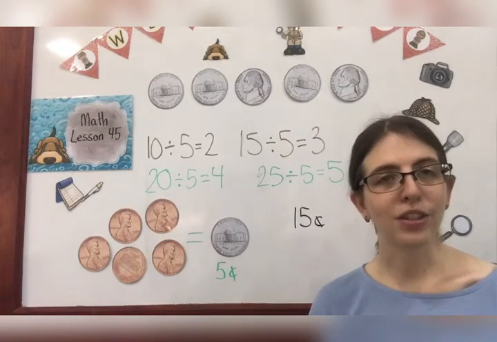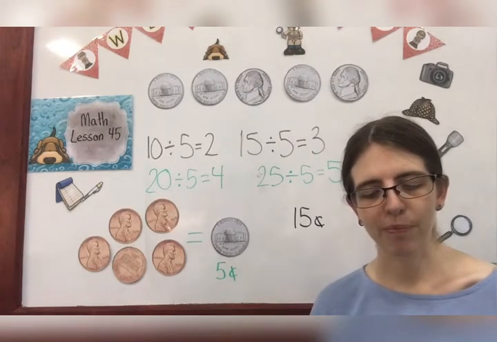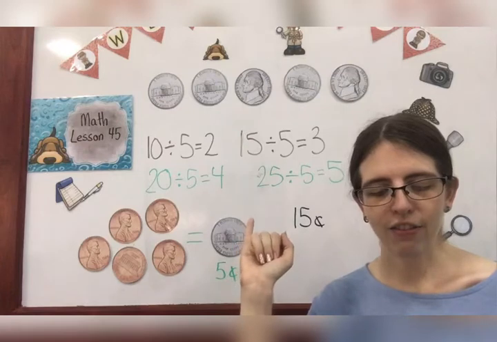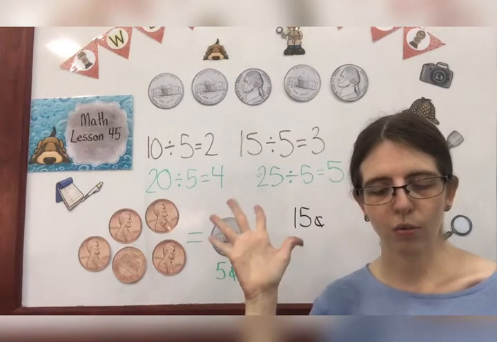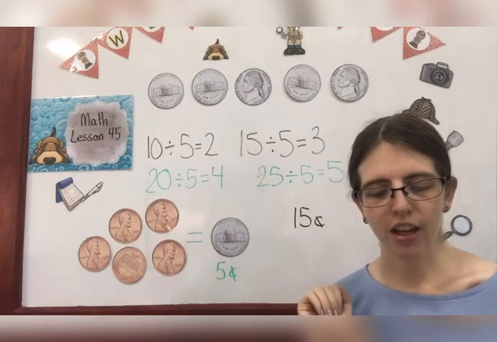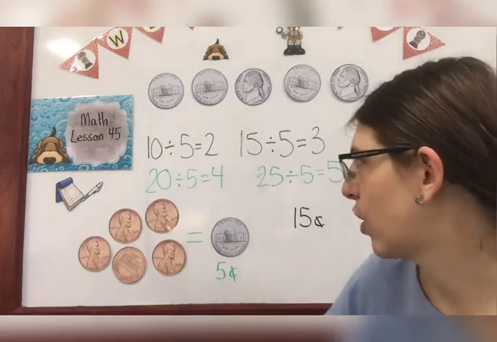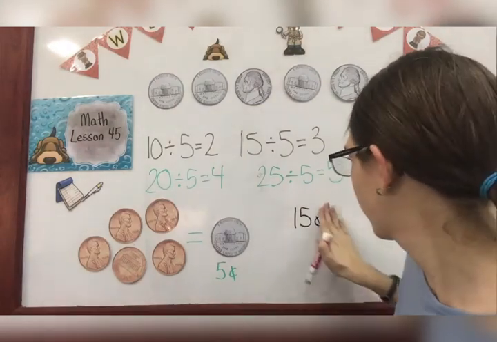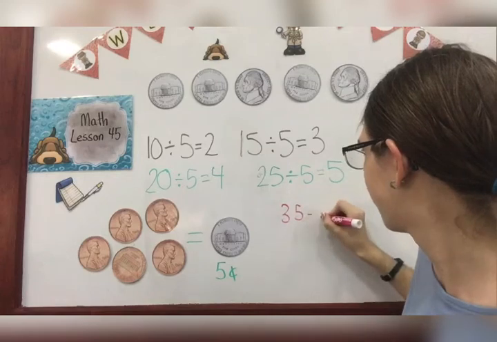Well, let's count the students that chose pizza. How many chose pizza? Let's count it together. 5, 10, 15, 20, 25, 30, 35. 35 students chose pizza. So 35 for pizza.